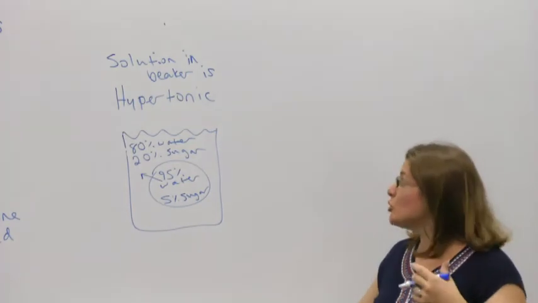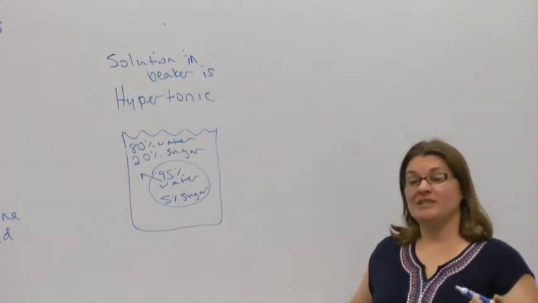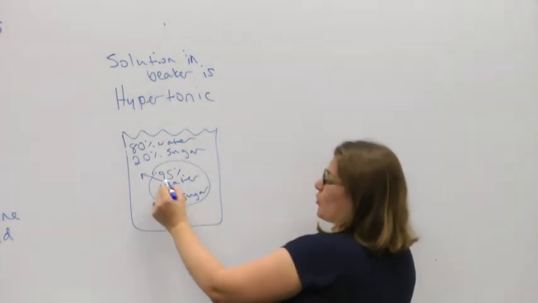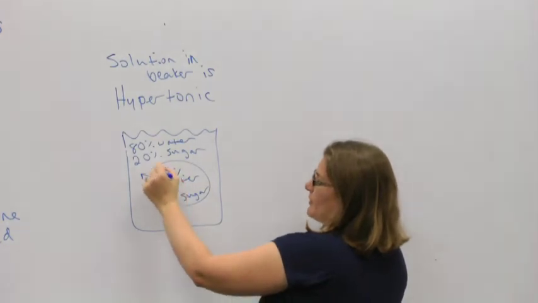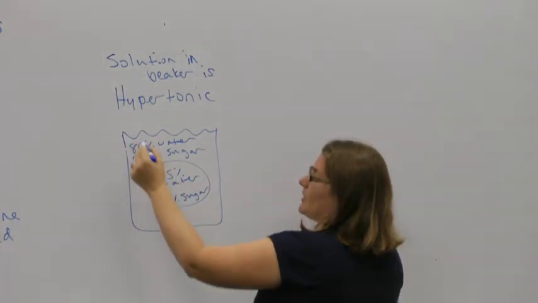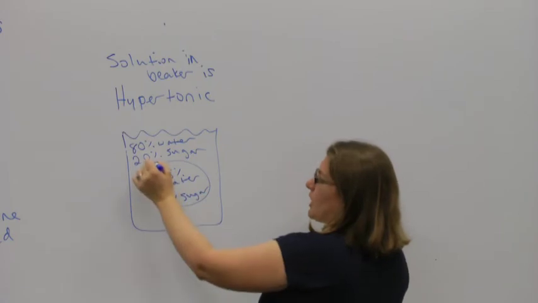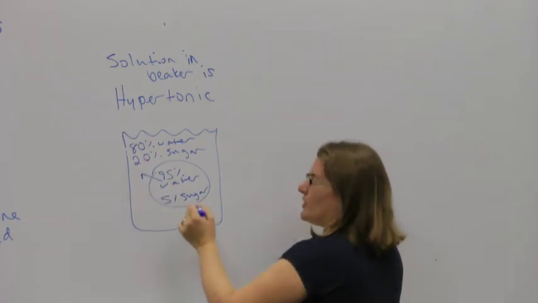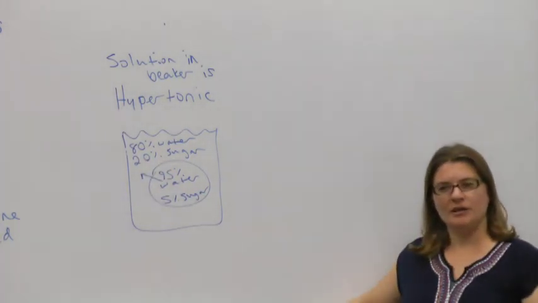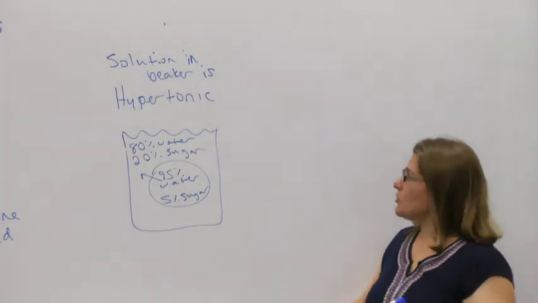It causes them to lose water. And the reason is that, number one, there's more water inside the cell than outside. And also, there's more solute outside of the cell than inside. Okay, so that's why.